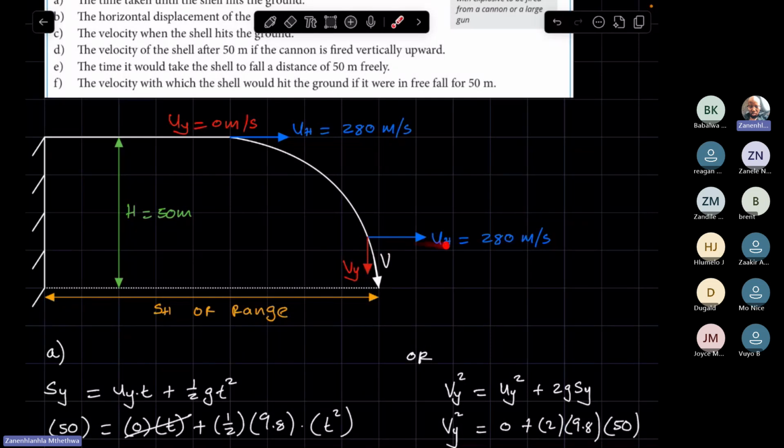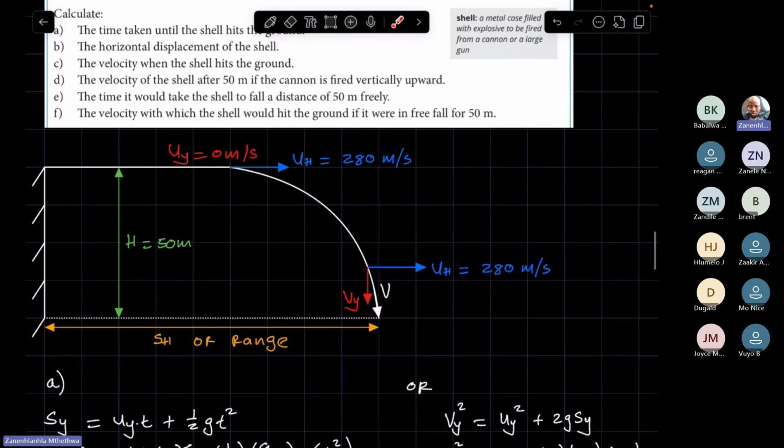Remember that UH and VY are components of this velocity. So when they ask you to calculate the velocity when the shell hits the ground, they are asking you to calculate the final velocity, which is this one, not the components. So they're asking for this final velocity, which is essentially a resultant of these two.